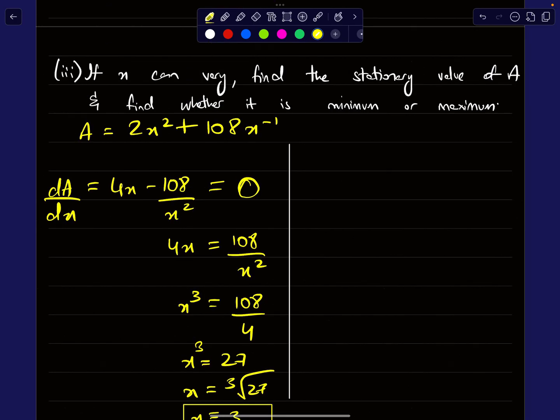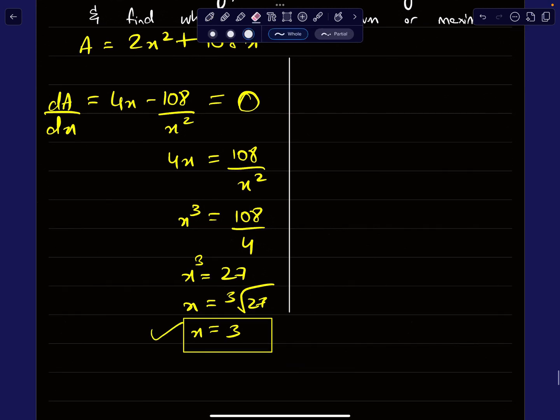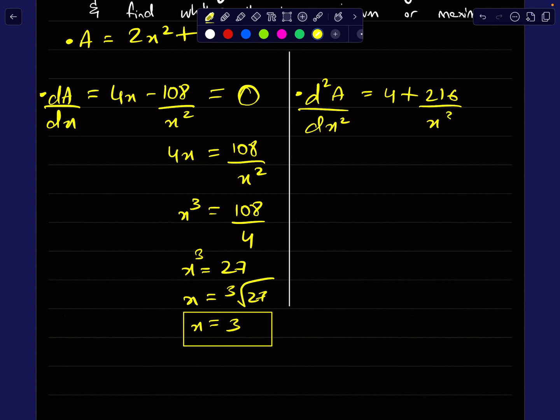Then we still have to determine whether it's minimum or maximum. We found the value of x and we did make progress, but the final step is still left. That is the double derivative, d squared A over dx squared. The double derivative would be 4 minus, or rather plus, since it's minus 108 into minus 2, 216 over x cubed.